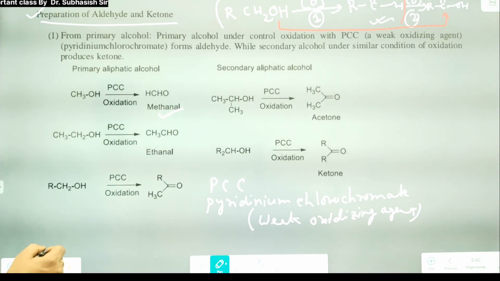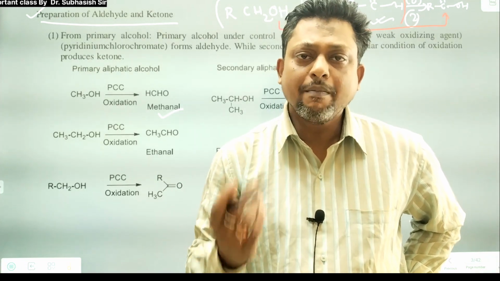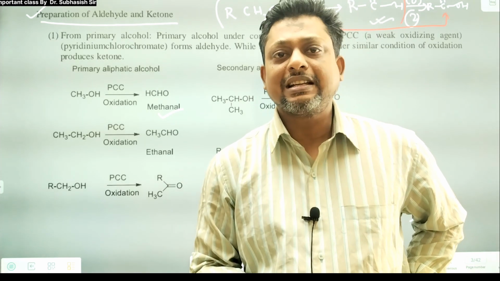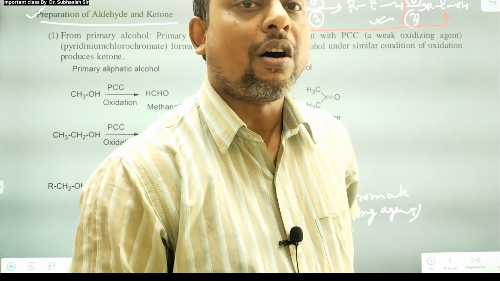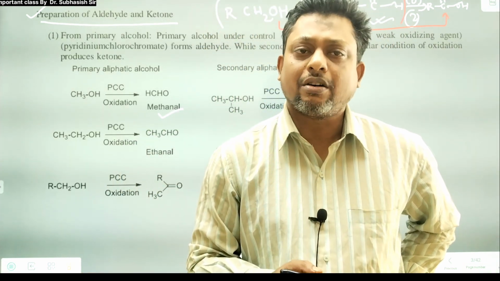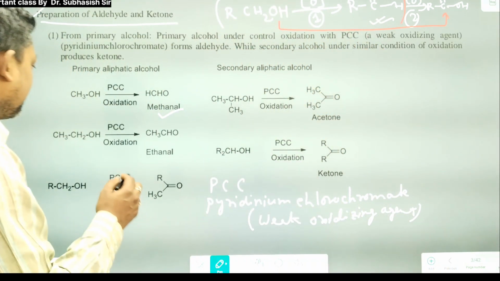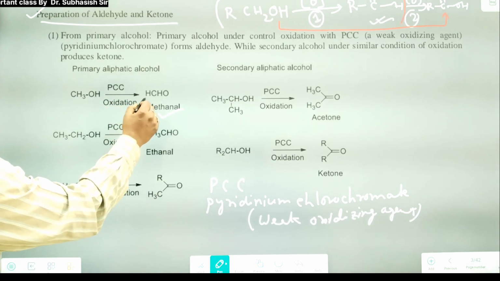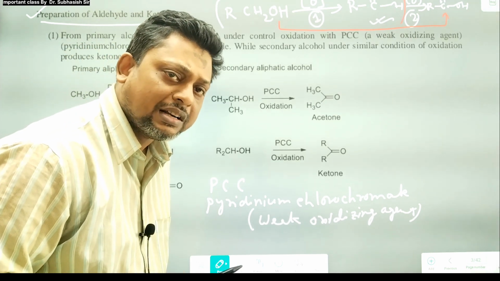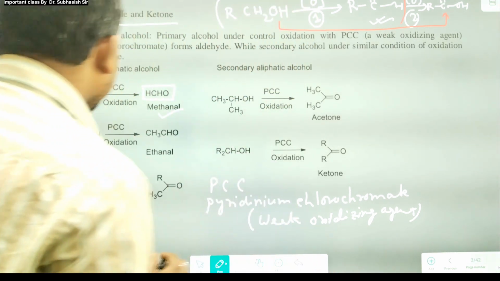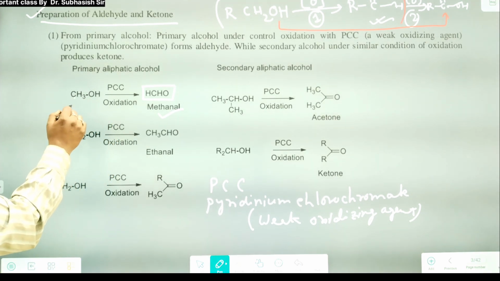Now what is oxidation? The simple definition which you have already studied in class 10 is addition of oxygen, or in other words oxidation means removal of hydrogen. Now in this case CH3OH is forming HCHO. There is no addition of oxygen here. But in this formula, how many carbons? 1 carbon.